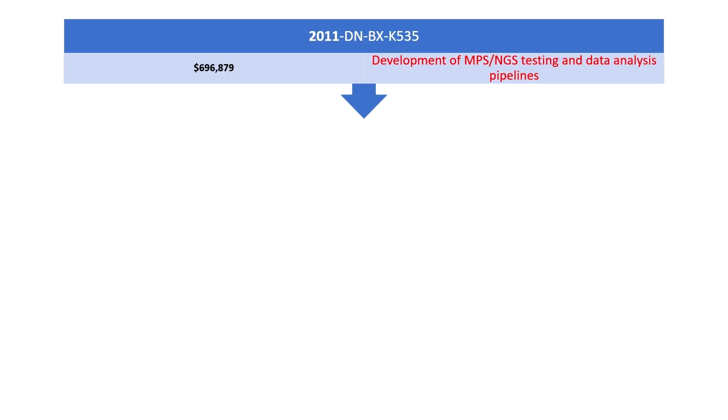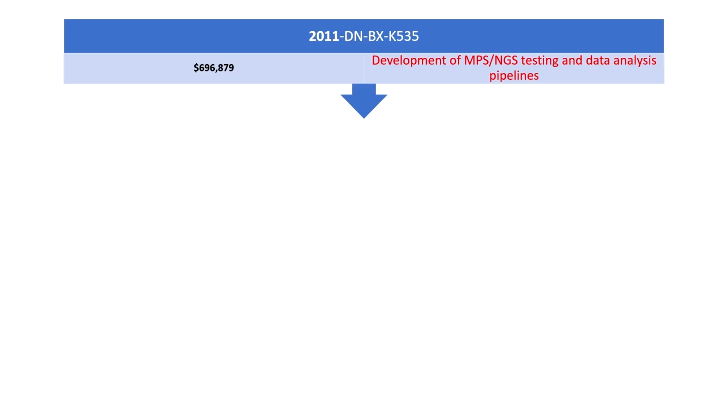The first grant, received in 2011, supported the development of massive parallel sequencing, also called next-generation sequencing testing, and data analysis capacity that did not exist in our laboratory before, by providing a dedicated PhD-level research scientist, a benchtop sequencer, and reagents and supplies. This grant enabled a cardiac-focused testing panel to be developed.